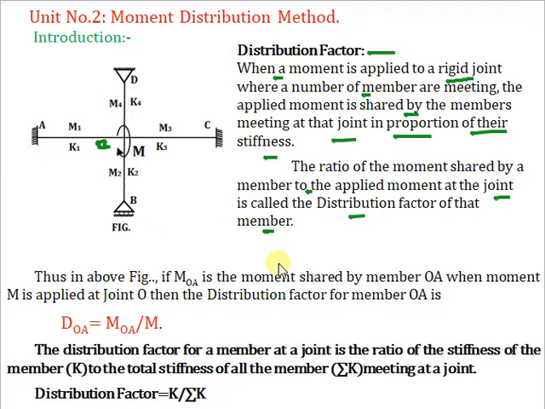MOA is the moment shared by member OA, when moment M is applied at joint O, then the distribution factor for member OA is MOA. Due to the application of a load, each member will share some moment.